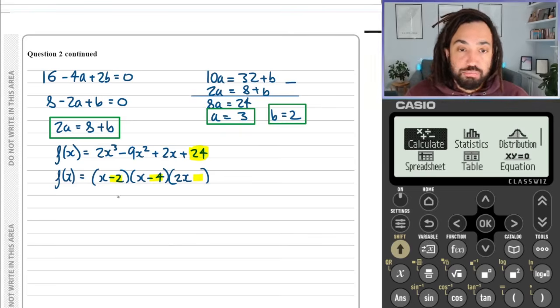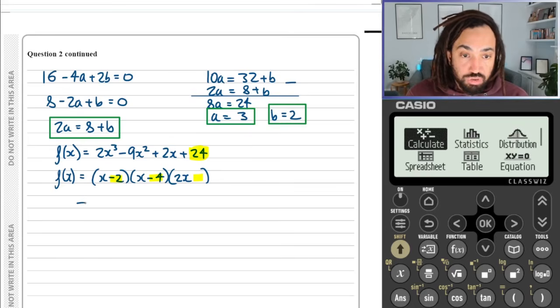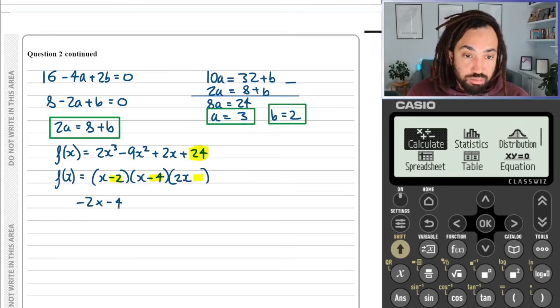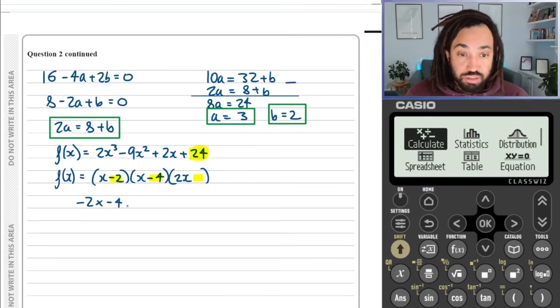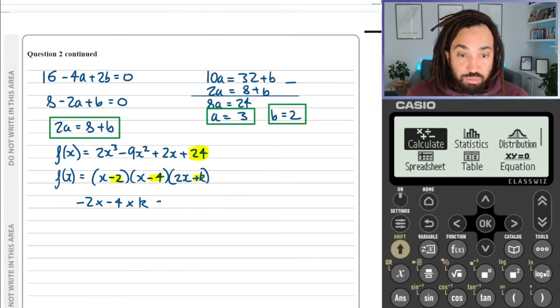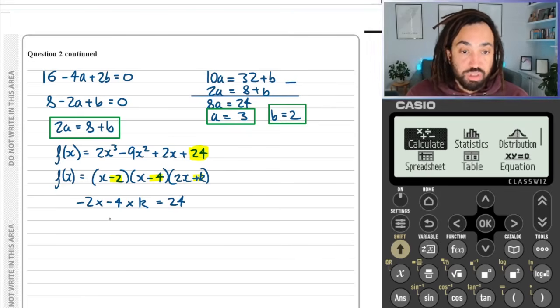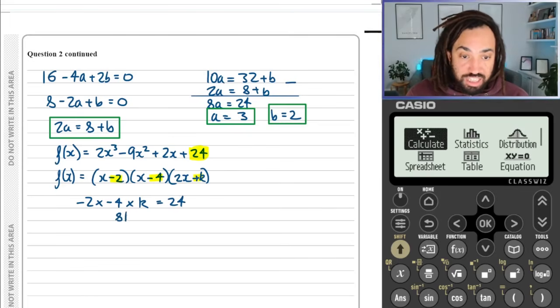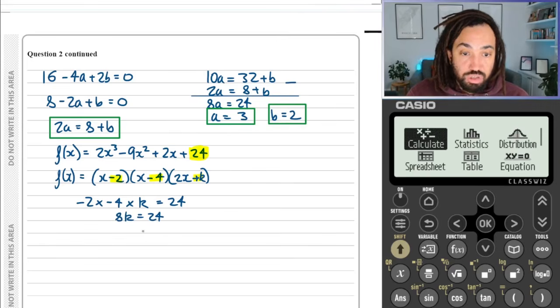So minus 2 times minus 4 times by whatever this k value is, we're told this was going to be some number we need to find, that will equal 24. So solving this gives us 8k is equal to 24, so k must equal 3.